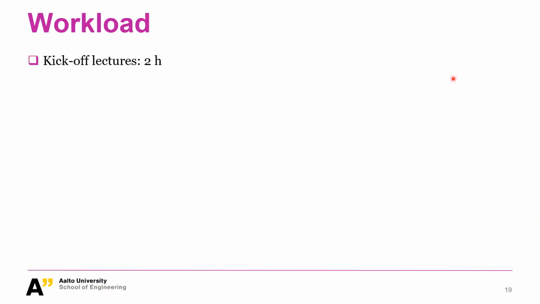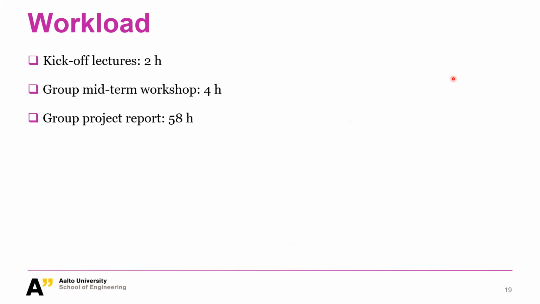And here's about workload, some conventional things. So kickoff lecture, 2 hours. Midterm workshop, 4 hours. Group project, 58 hours of report. This is about report writing. I mean, this is an estimation. So we don't suggest you write a 100-hour report. Something about 50 to 60 is good enough. And I will show you the evaluation criterion.